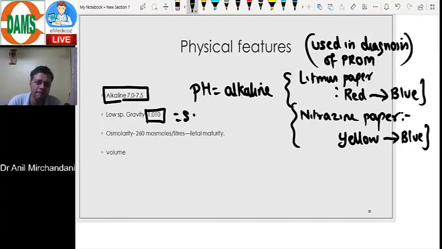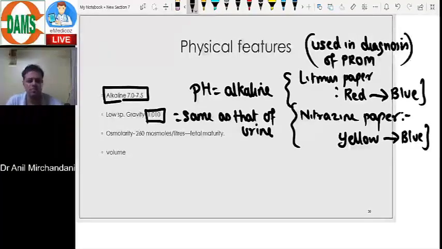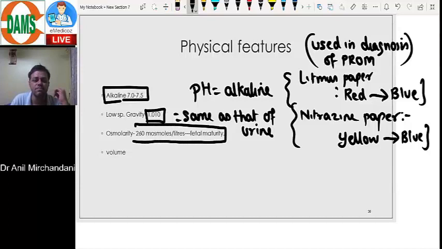It is same as that of urine. Osmolarity is 260 milliosmoles per liter. It is a marker of renal maturity.